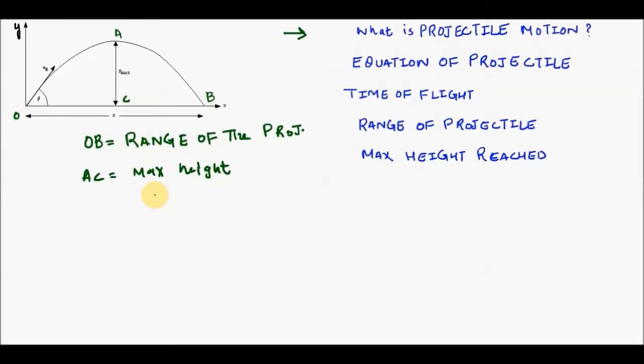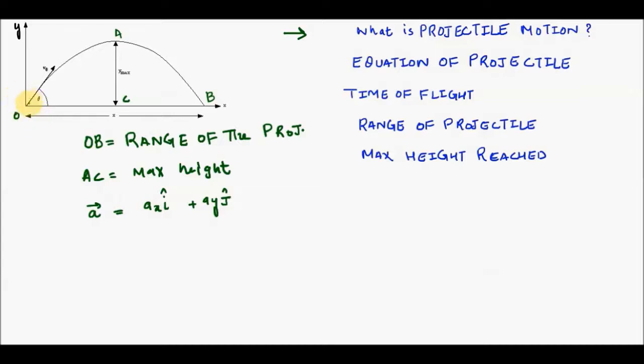But for that, let us first write the equation for acceleration in its component form. Acceleration a can be written in its component form as ax i unit vector plus ay j unit vector. And let us write velocity in its component form.